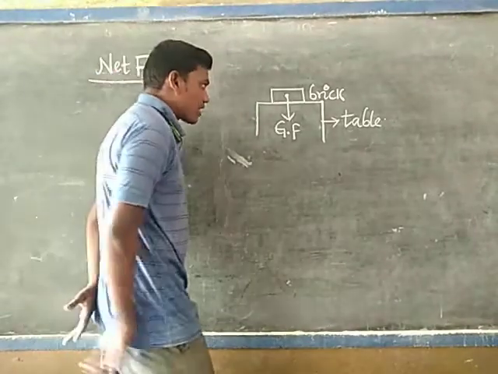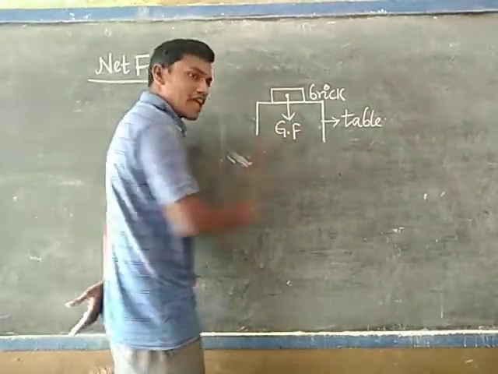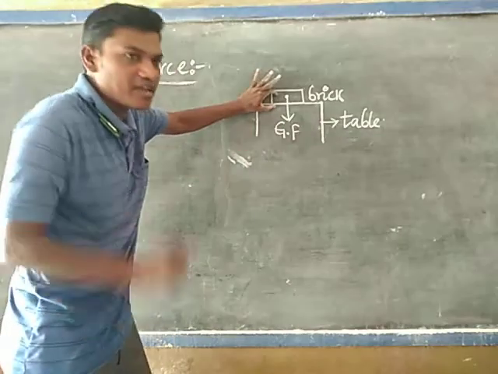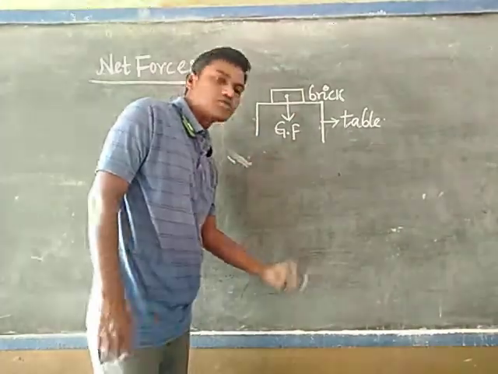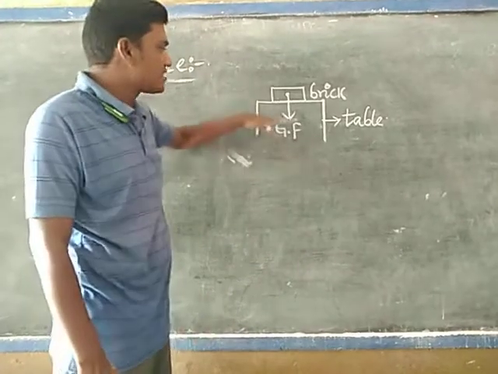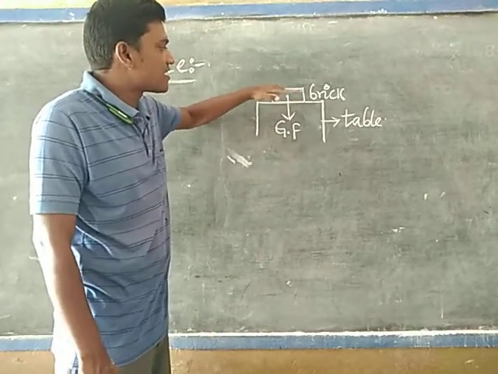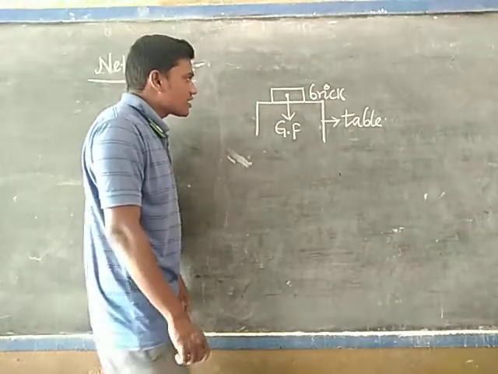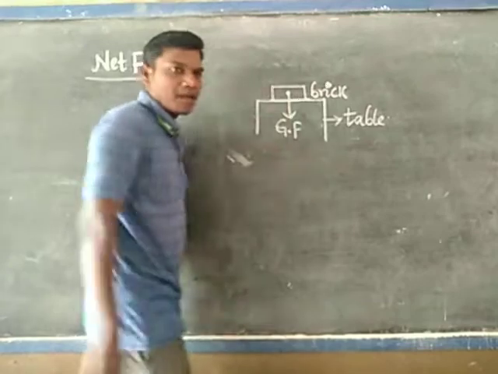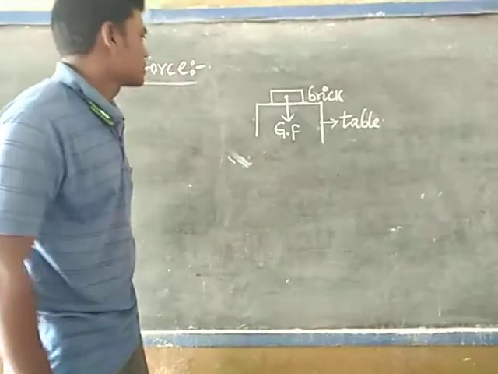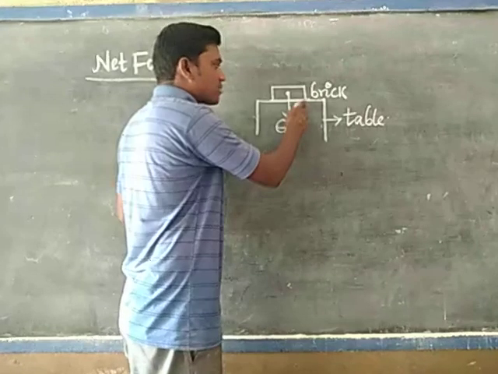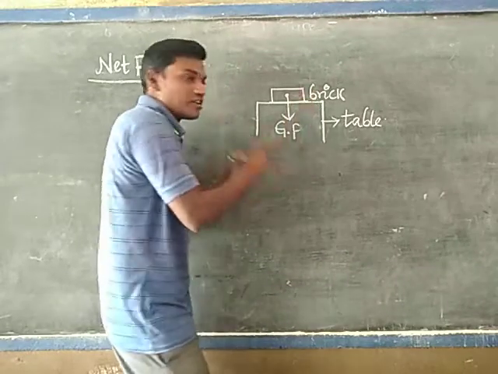But if only the gravitational force is acting on the brick, what will happen? It must move downward. But that is not possible. Still, it is at rest on the table. So what are you understanding here? The table is generally made up of iron or wood, so its surface is very rigid.